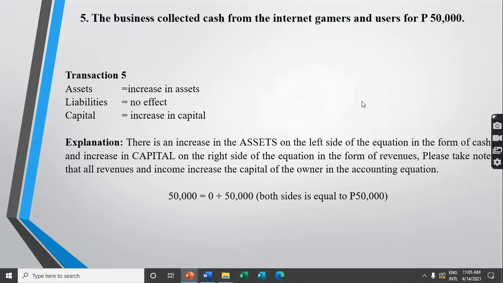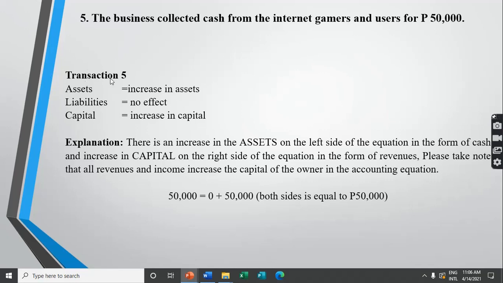So, nagka-collect daw si business ng cash sa mga internet gamers and users worth 50,000. So, meaning, nadagdagan yung cash mo, which is asset. It is your asset, di ba?